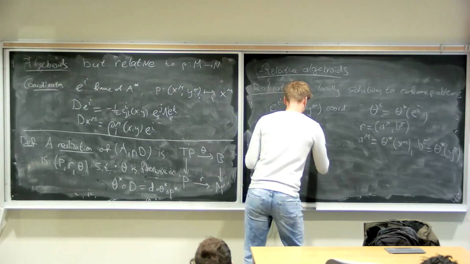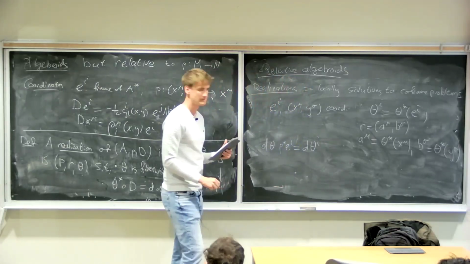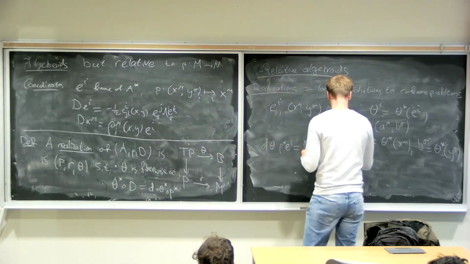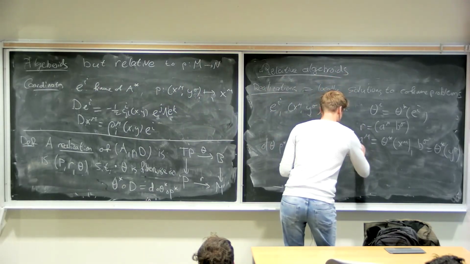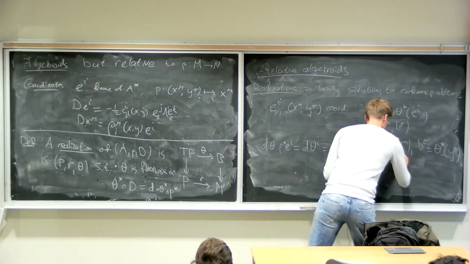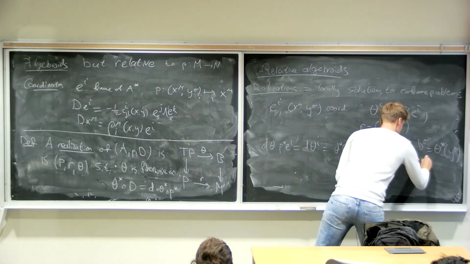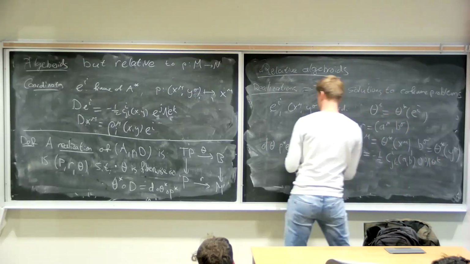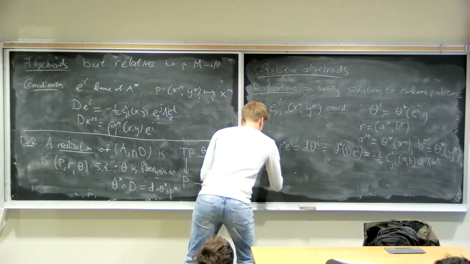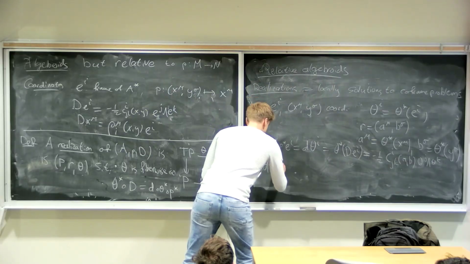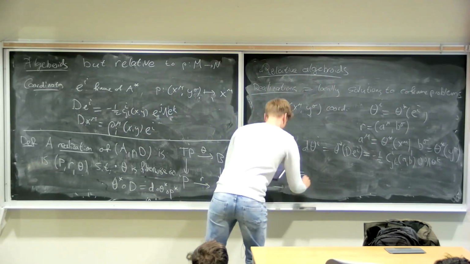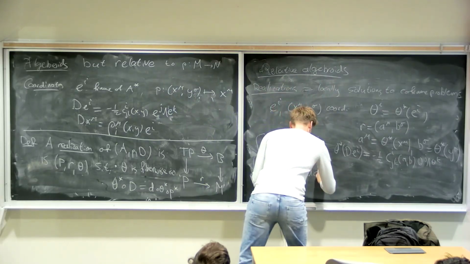This is the same as d theta^i, by definition, and it has to be equal to the other side. The other side is theta star of d of e_i, and this is the same as negative 1/2 C^i_jk(a,b) theta^j wedge theta^k. So this is one part of the equation. The other part is d theta star of p star x^mu, that's the same as d a^mu.